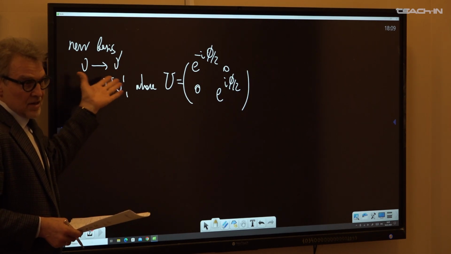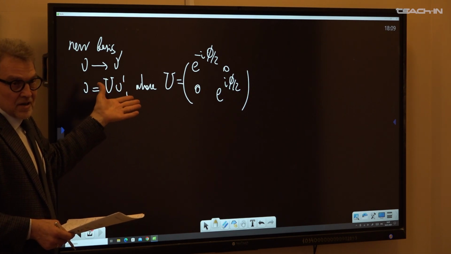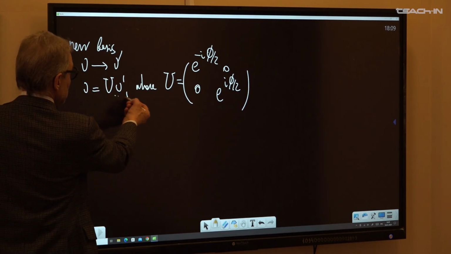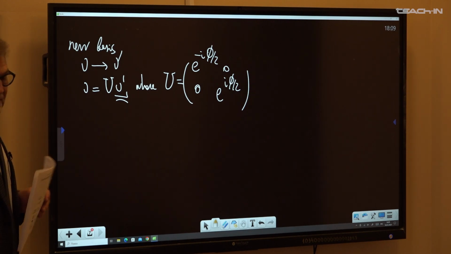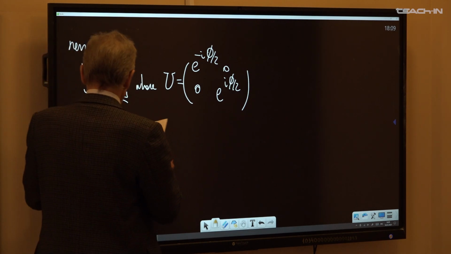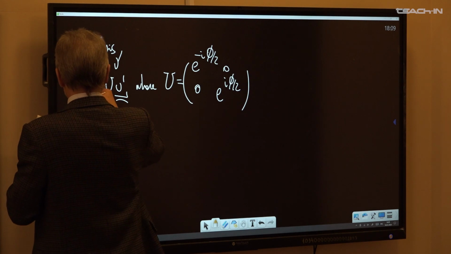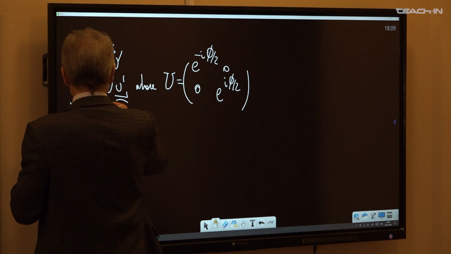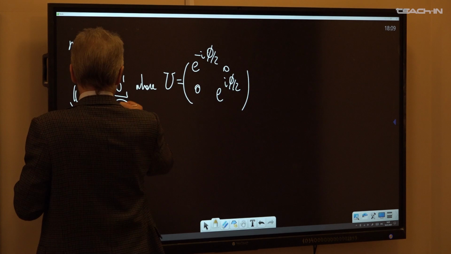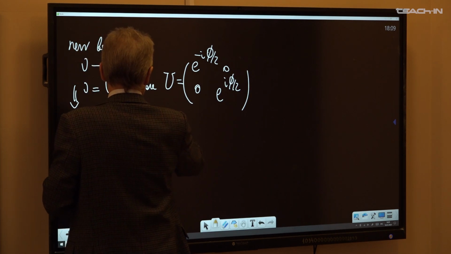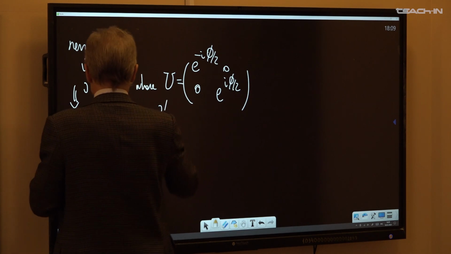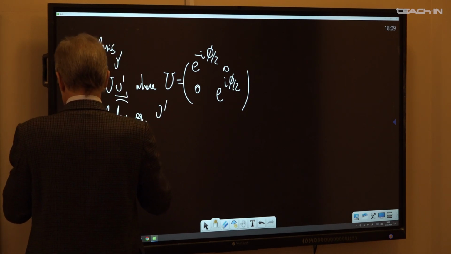And now let's make this transformation and reformulate the evolution in terms of the newly introduced basis, indicated by prime. So what do we have? A new evolution equation for this prime neutrino state.